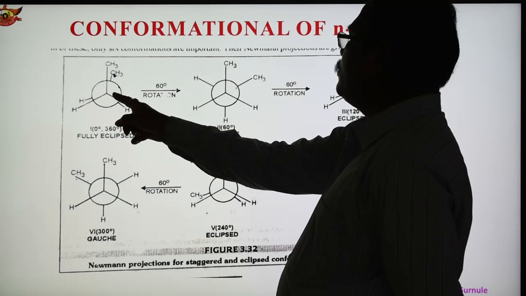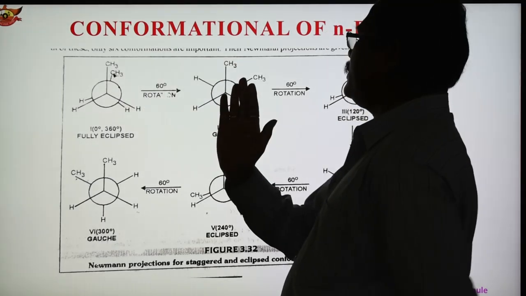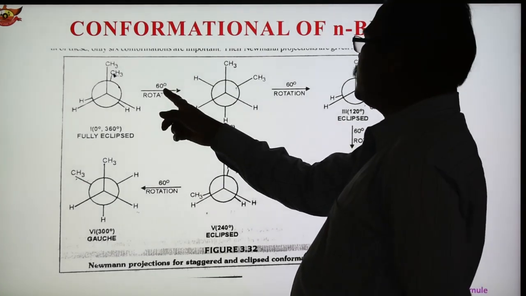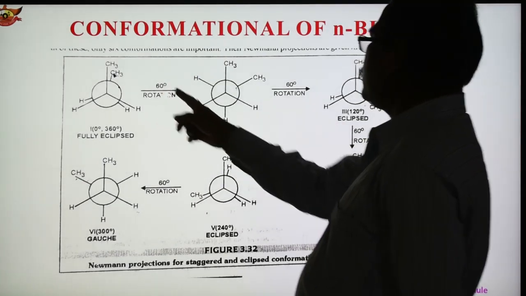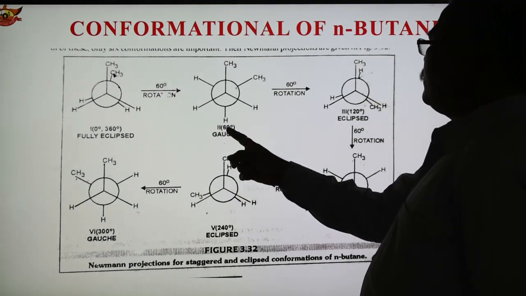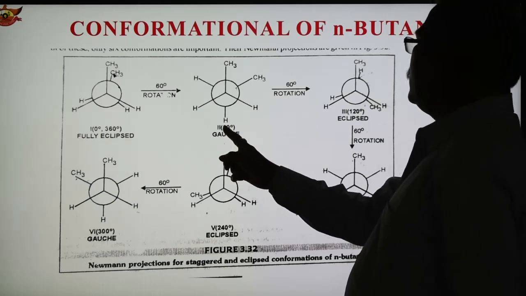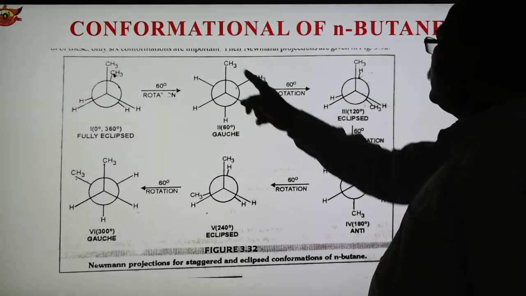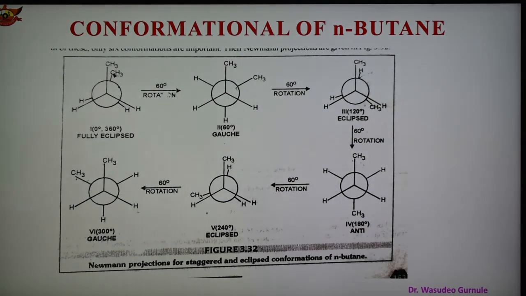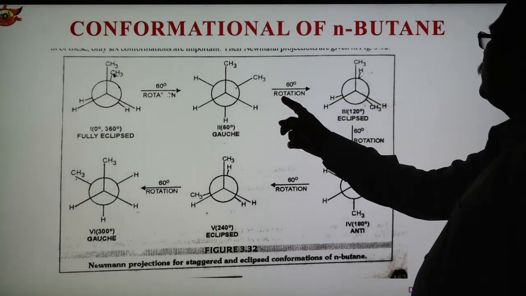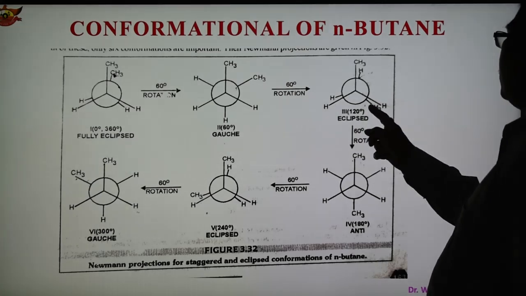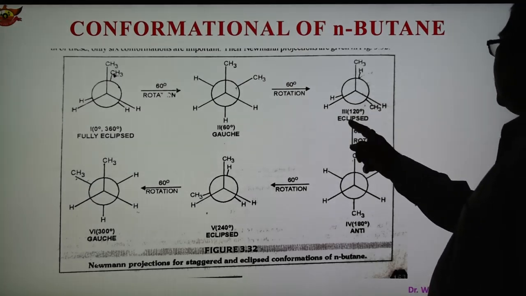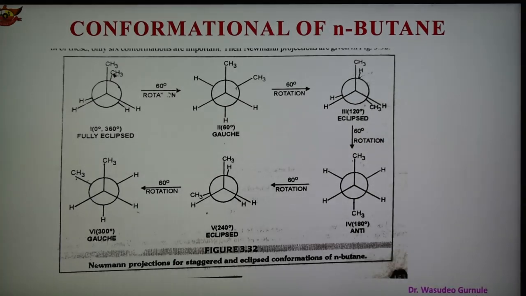The front carbon is fixed, and the back carbon we rotate through 60 degrees. After rotation through 60 degrees, we obtain conformer 2, this is conformer 1, and this arrangement is known as gauche. Again, when this is rotated by 60 degrees, we obtain conformer 3, a total of 120 degrees, and this is known as the eclipsed conformation.